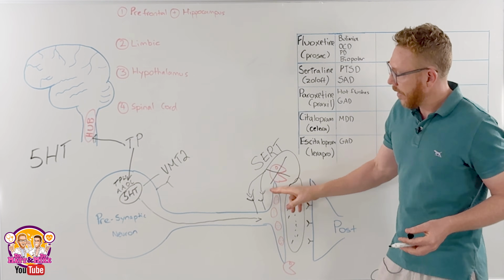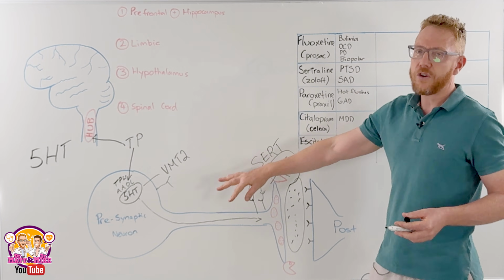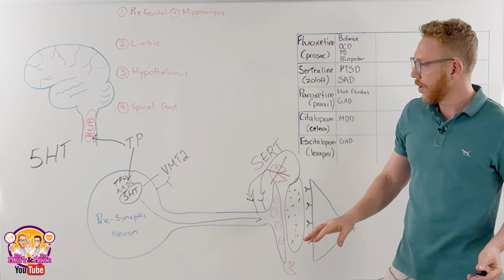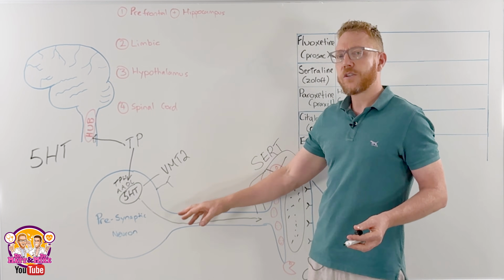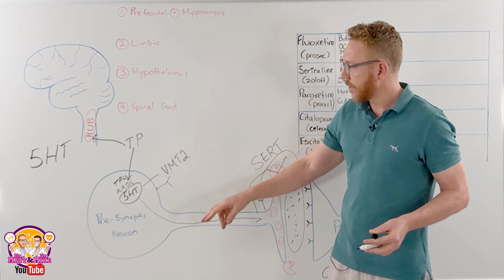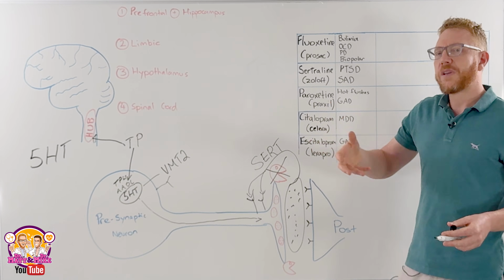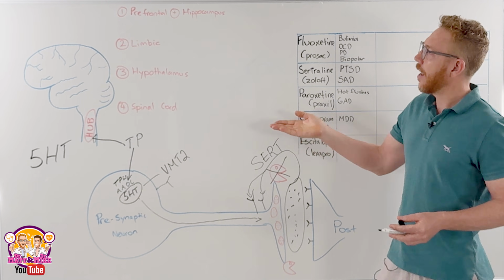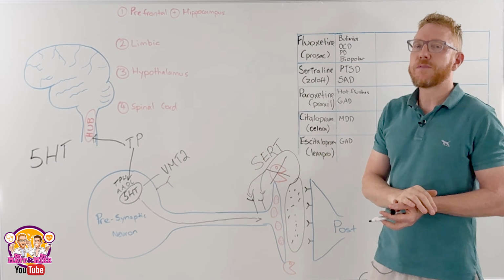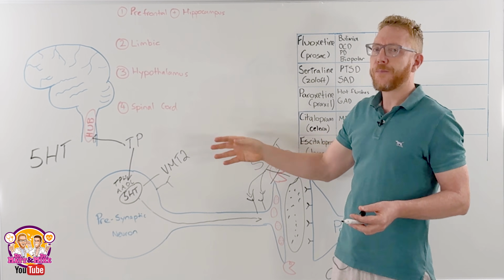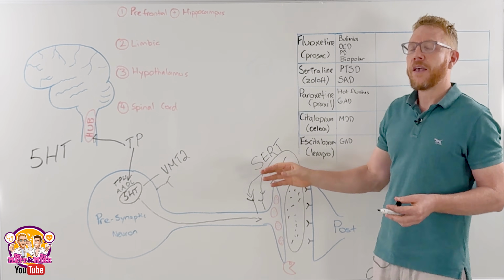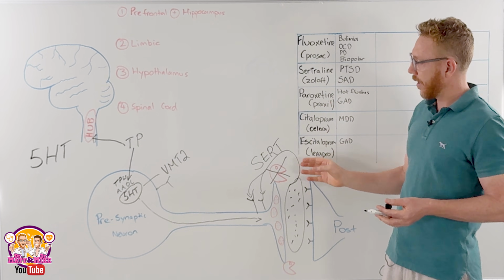But as this presynaptic neuron has been turned off or turned down for so long, it starts to desensitize, which means that effect starts to change and it starts firing again, and firing potentially more, which can then help improve the symptoms associated with these different areas. And that's the theory for how the SSRIs work generically.